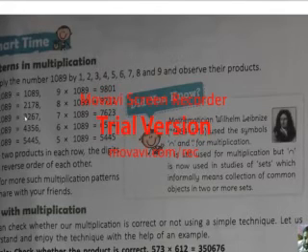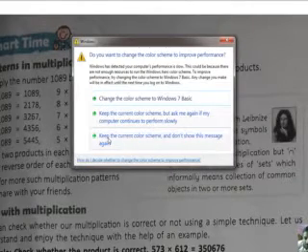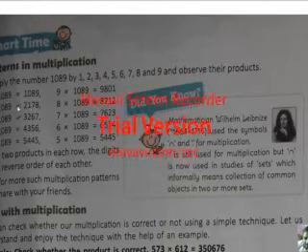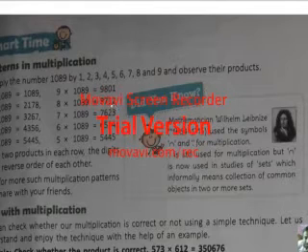In the same way, if you multiply it by 2, you will get 2178, and when you multiply with 8, you get 8712. Just see, both are opposite, reversed.